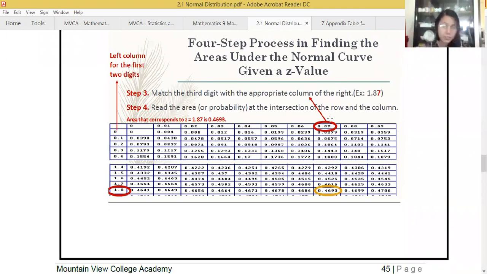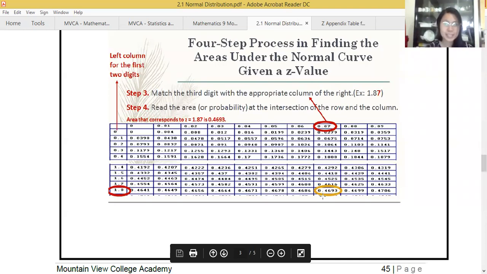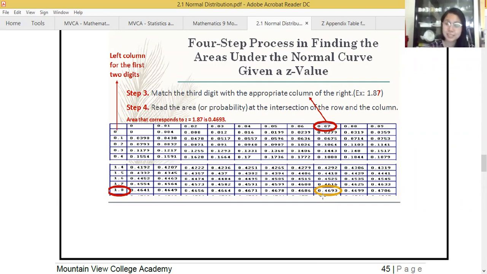You look at their intersection. The value for Z equals 1.87 is 0.4693. Again, these are all decimals because the sum is 1.